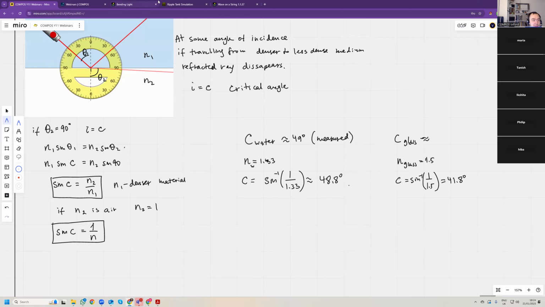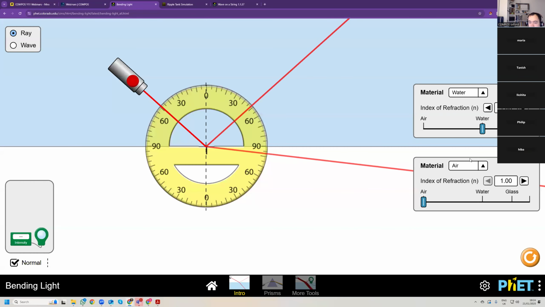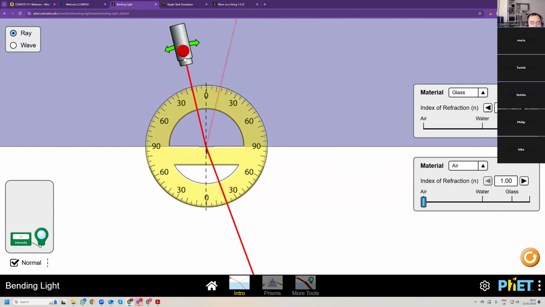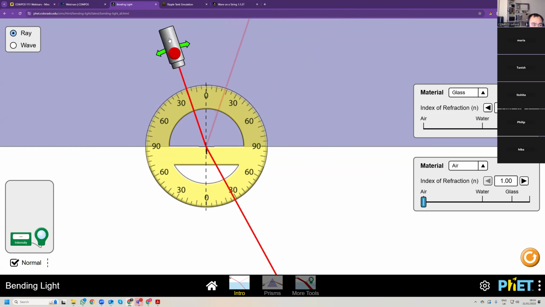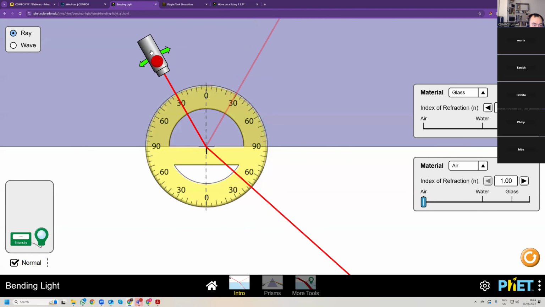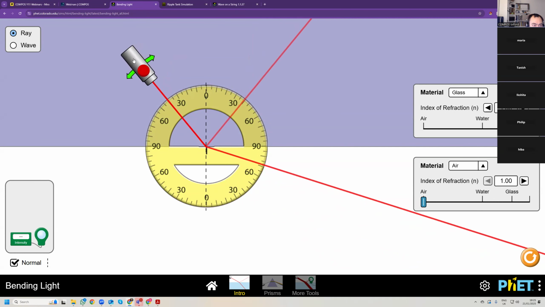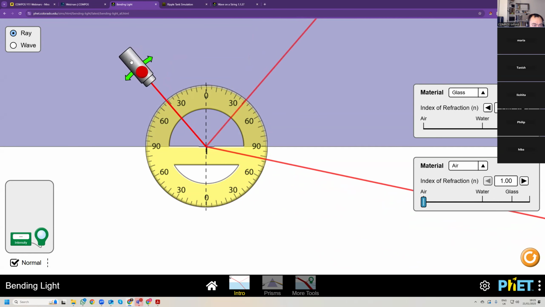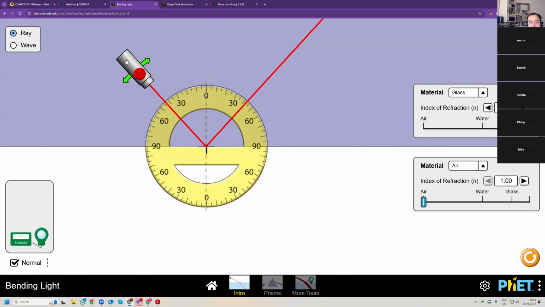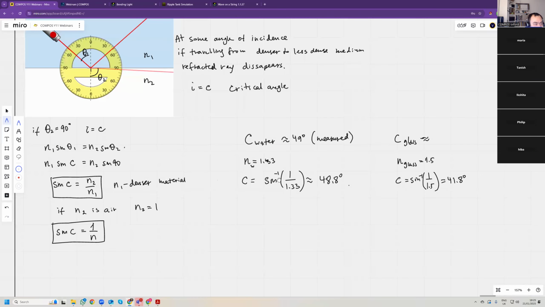So my prediction is that if I use glass, my refraction would disappear at 42 degrees. So 10, 20, 30, 40, 43. Okay, so really close. Nice.